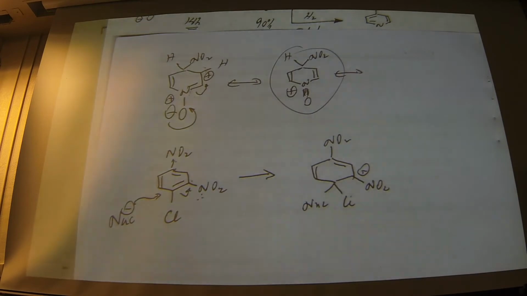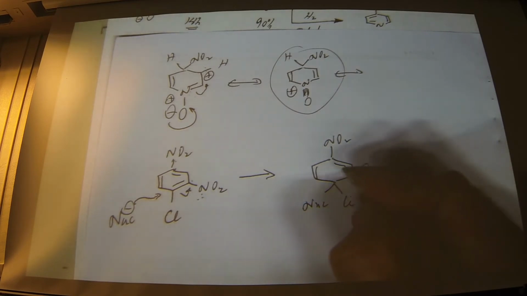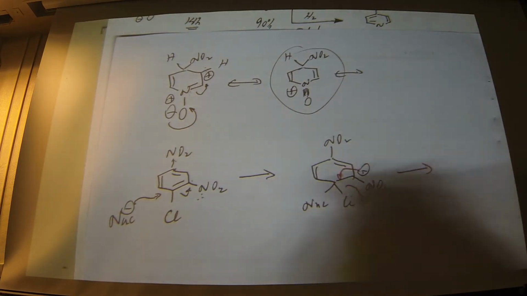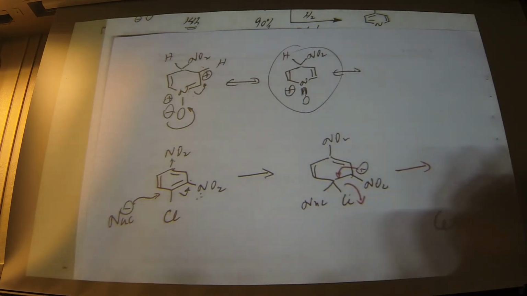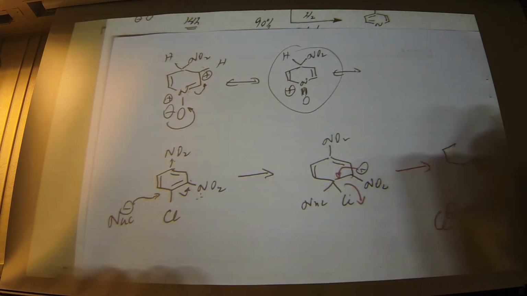So you have all those resonance structures, and then in a second step, not in the first step, you end up expelling the chloride, getting chloride as your leaving group and the substituted aromatic ring.